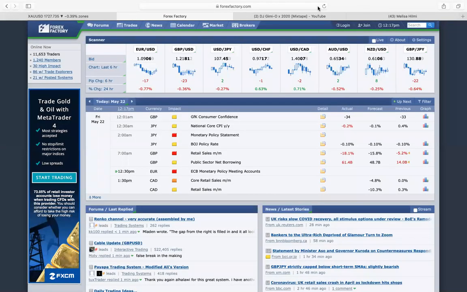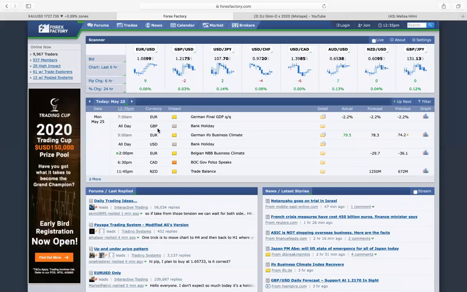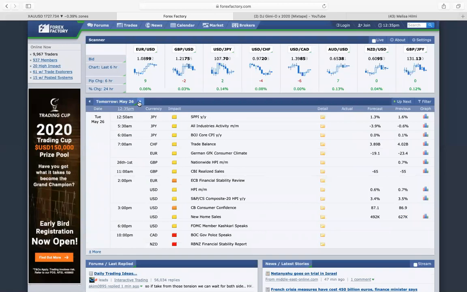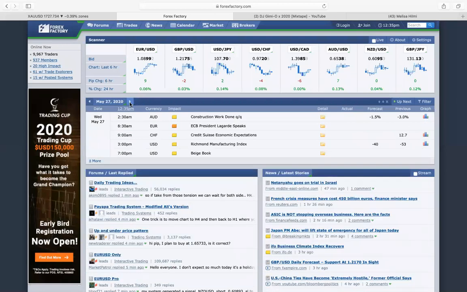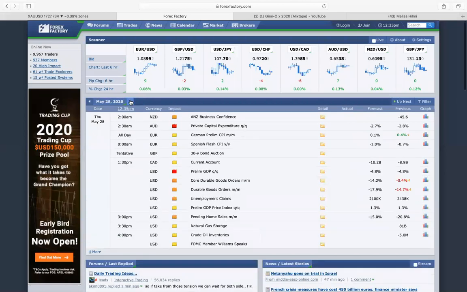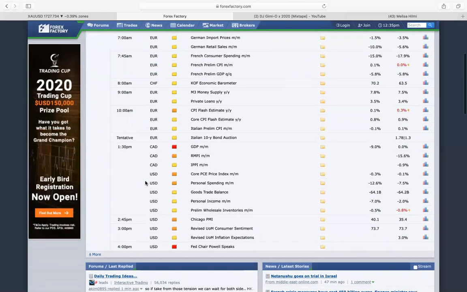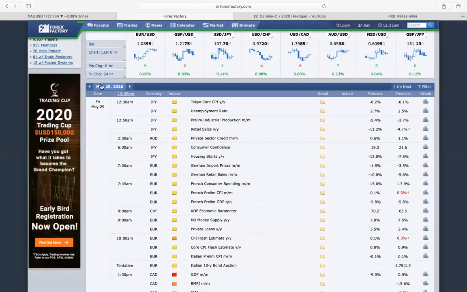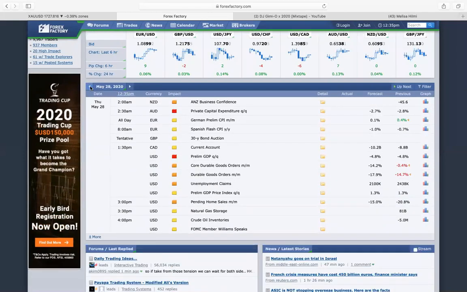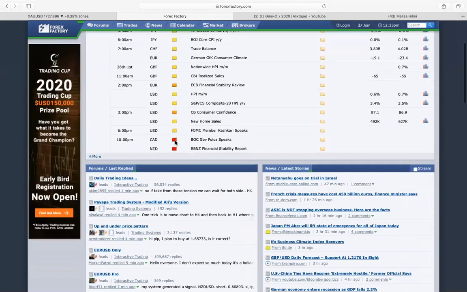So if we just refresh this and see what's happening today, because we've got Euro bank holiday, GBP bank holiday. So today Euro and GBP are going to be slow moving. Nothing of much importance going on there. Again, nothing much of importance. Okay, so USD on at 4 p.m. might be important on Friday. What have we got?